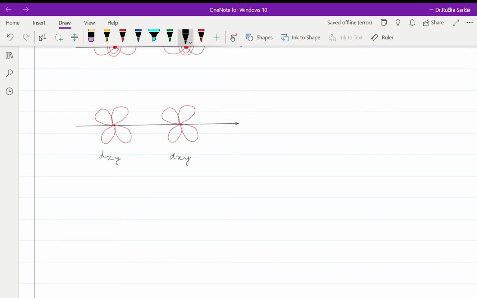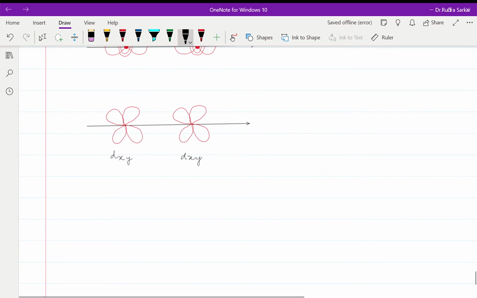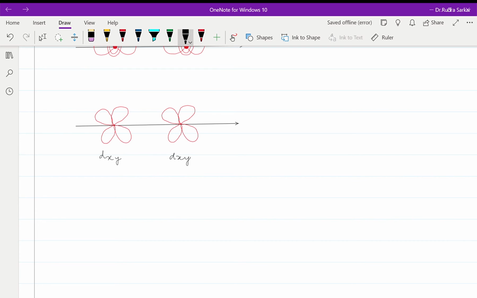Alright, so now if these two combine, it is almost like you have a petal. Don't think this is side on overlap. This is like a flower, and on top of that flower you're placing this flower.